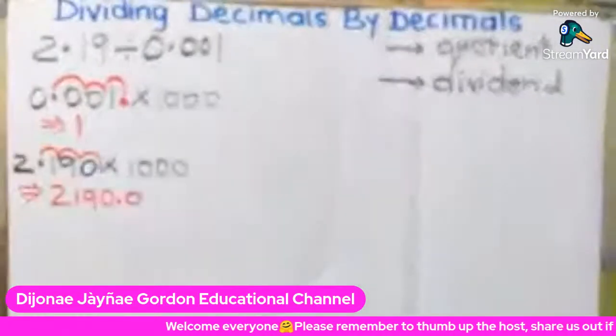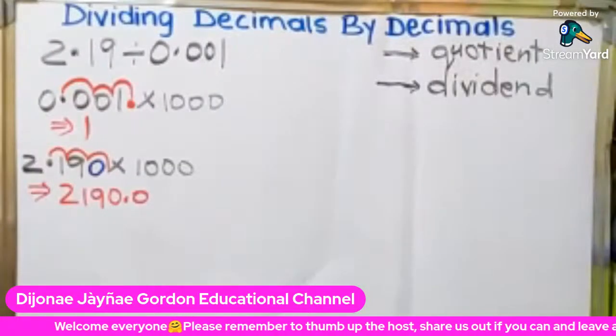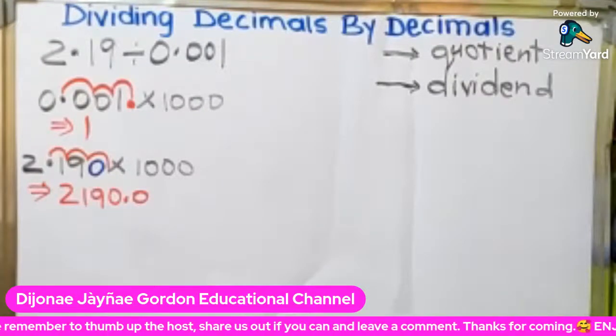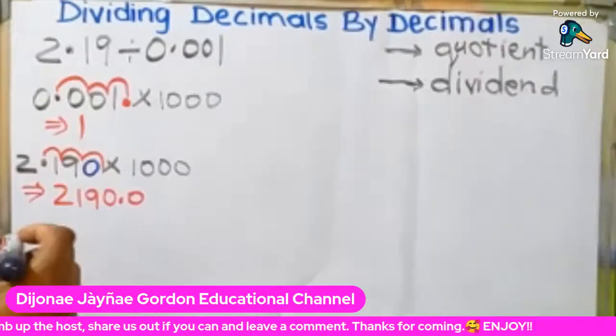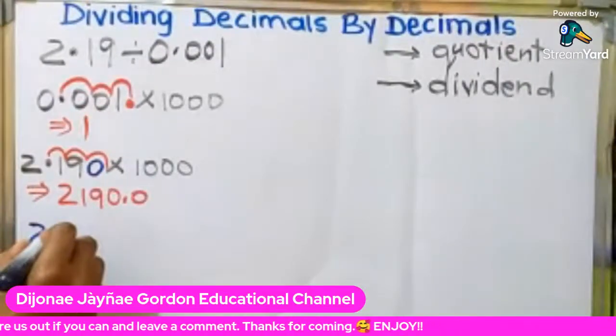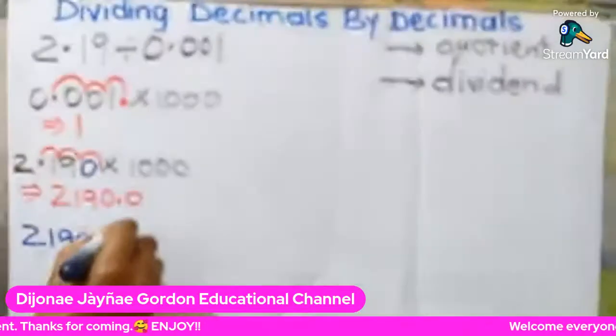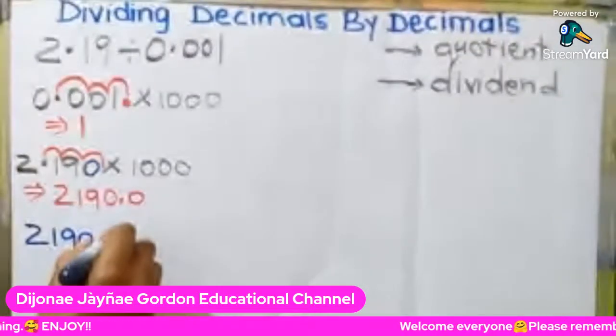So we're going to go right ahead, and of course we're going to rewrite this problem so we know exactly what we have. And of course that is 2190.0 divided by 1. So that is what we have working with.